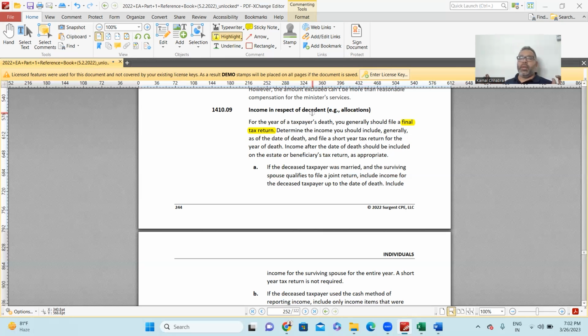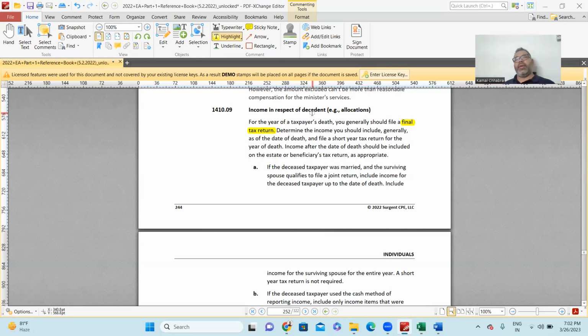For example, Mr. X died on 30th September 2022. So from 1st January till 30th September 2022, all the taxable income will go into the final tax return of Mr. X, right?